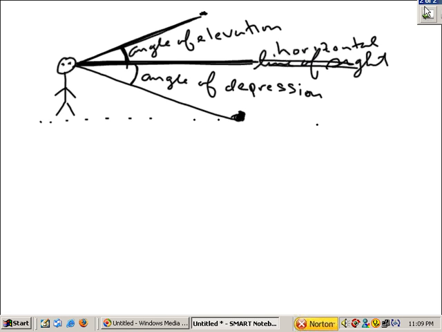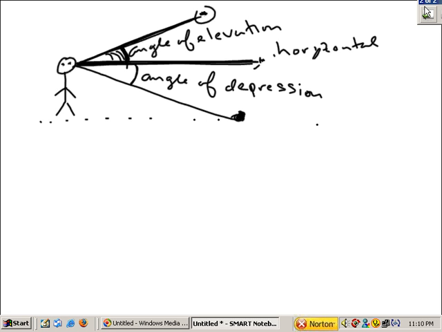From the horizontal, which is, you look straight out, straight across, not up, not down, straight out. Picture that line. If you have to look up to see the object you want to look at, and that object is, say, right here, then we call this angle here the angle of elevation.